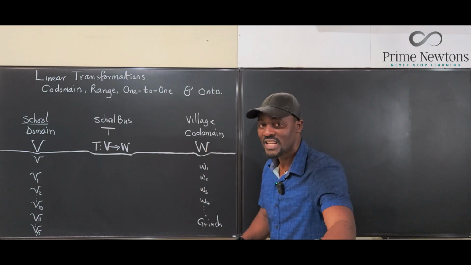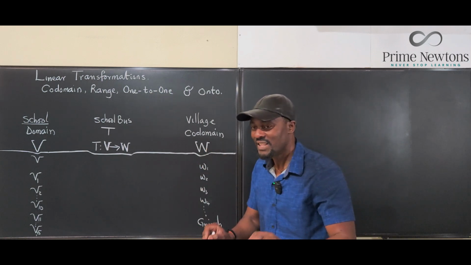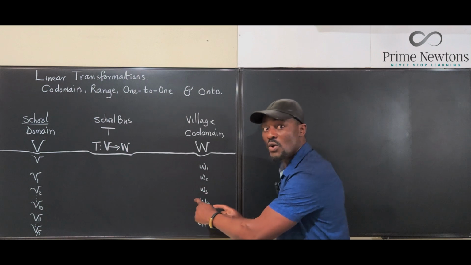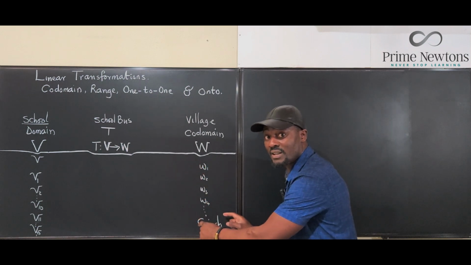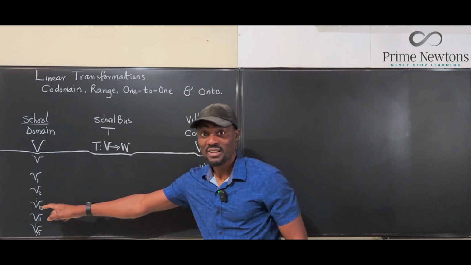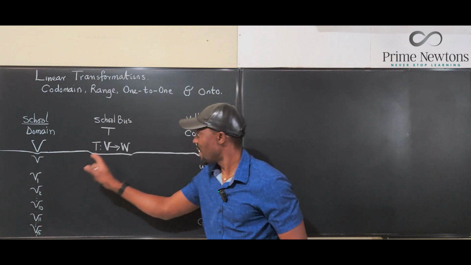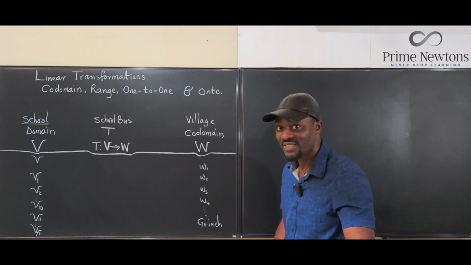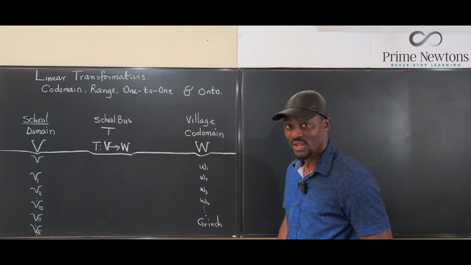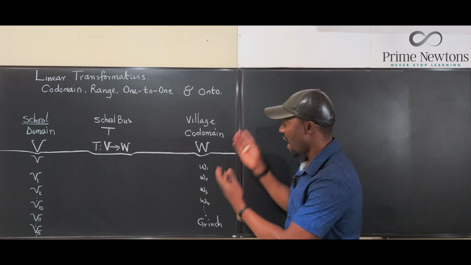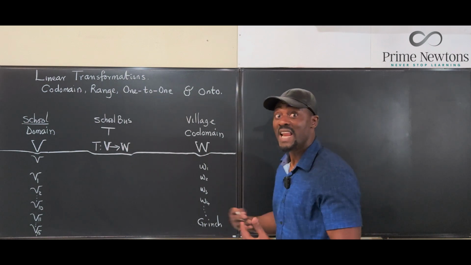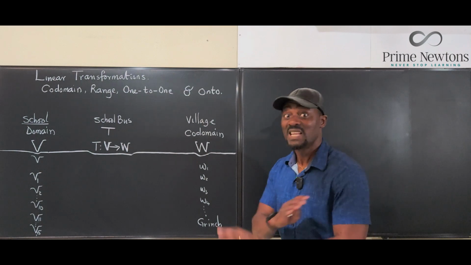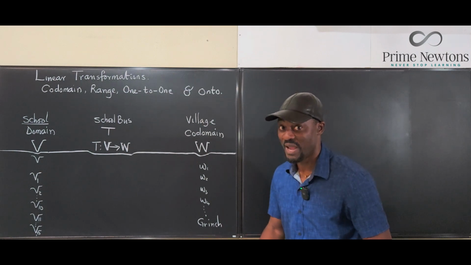So the range is strictly the set of women in this village that have kids in the school that the school bus brings home. That is the range. So the range could be the entire codomain, or it could be less than the codomain, but it is not the same thing as the codomain.